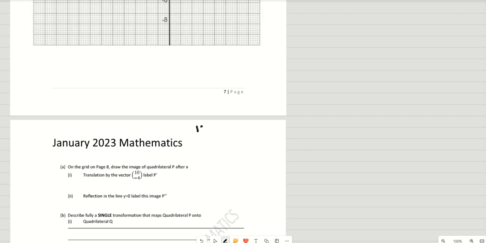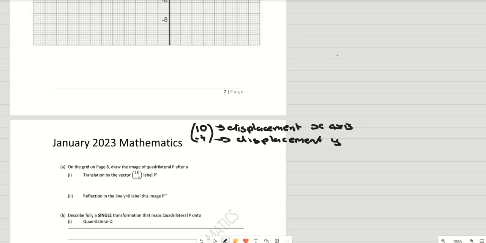So let's write that. That's 10 and minus 4, right? So 10 is displacement on your x-axis, and minus 4 is displacement on your y-axis, right?